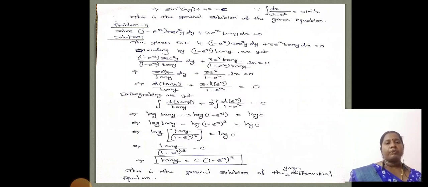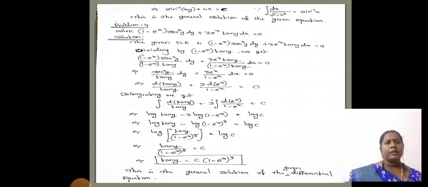Equal to 0. Now integrating on both sides, we get integral of d of tan y by tan y plus 3 into integral of d of e power x by 1 minus e power x equal to c.